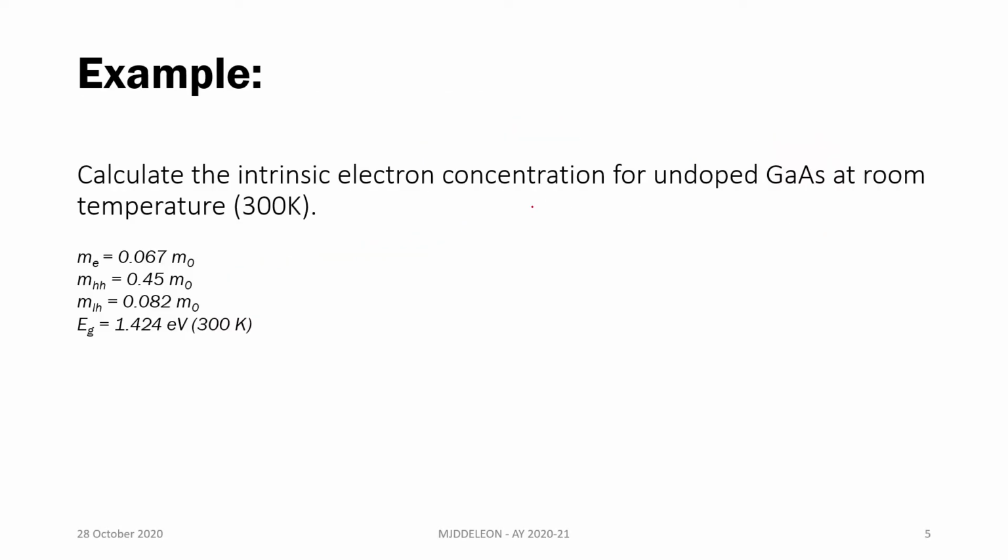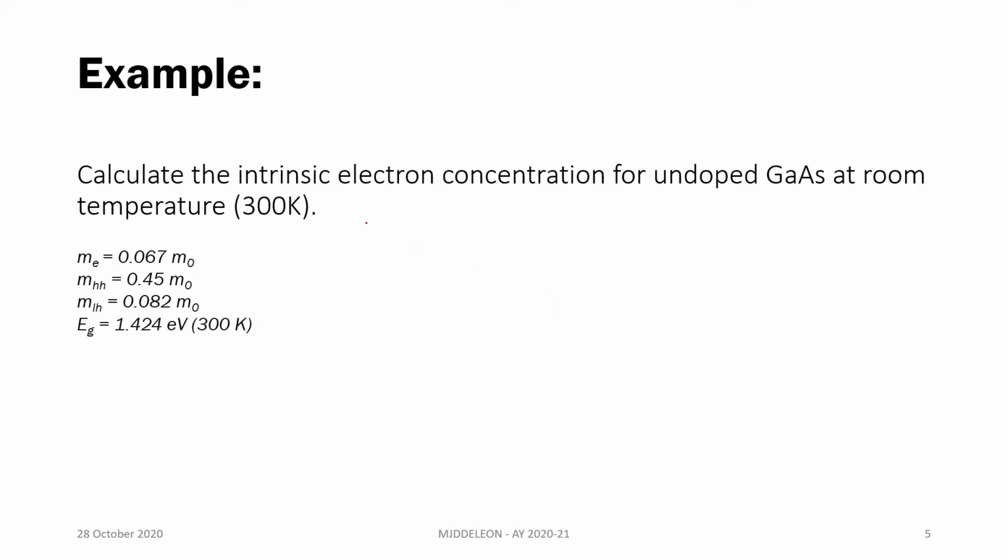So now let's take a look at a simple example. Let's calculate the intrinsic electron concentration for undoped gallium arsenide at room temperature, 300 Kelvin, given the following effective masses of the electrons, the heavy holes, the light holes, and Eg, where Eg is equal to 1.424 electron volts at 300 Kelvin.